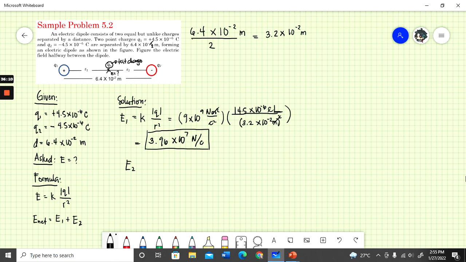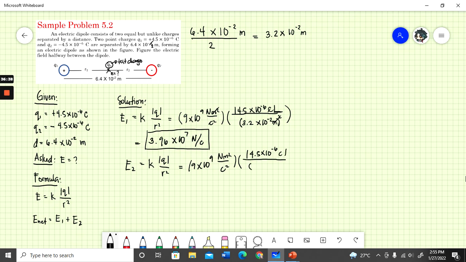Next, we're going to find the electric field by Q2, which is also equal to this equation. If you notice, they are basically the same equation because we're using the absolute value for Q. So even if this is negative, we still use the absolute value.